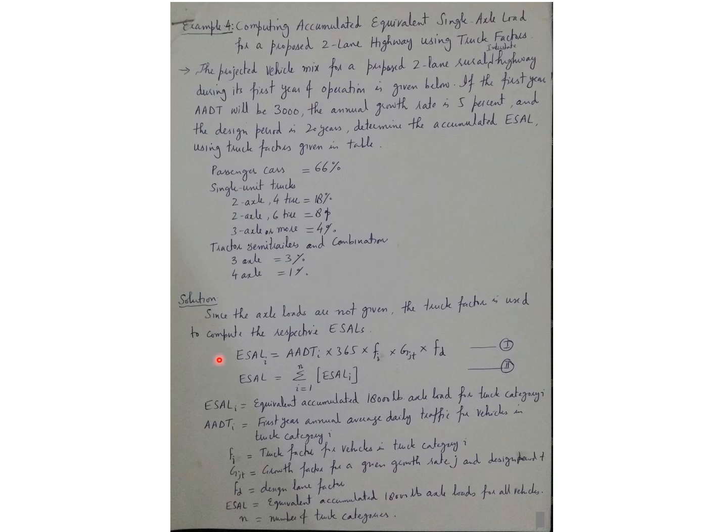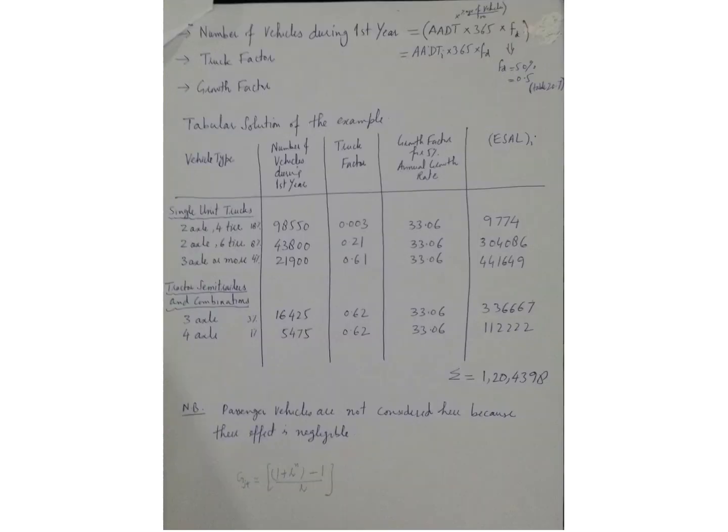So we have already discussed this formula and the various parameters which are being used over here. Description about those parameters are given over here. So number of vehicles during first year. To determine the number of vehicles during first year, we will have to use this formula.